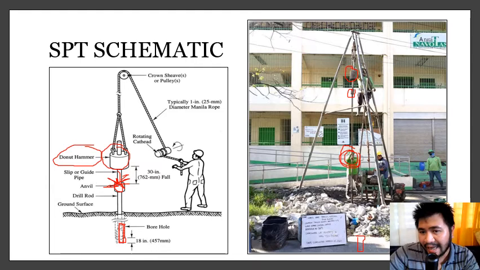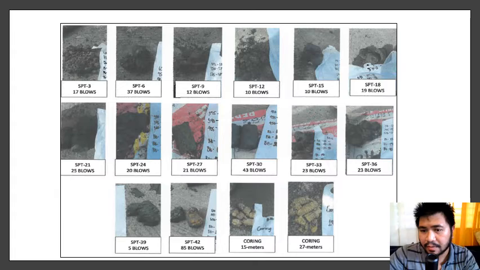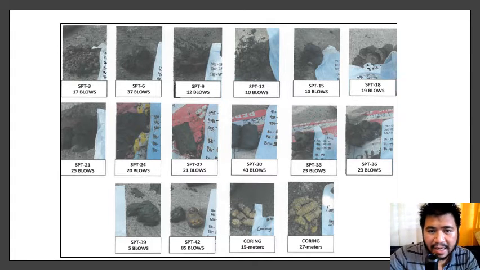Basically, the hands here are partly absorbing the energy transmitted by the jar hammer. So you're actually getting less energy delivered to your subsurface. And these are just example SPT photos indicating the number of blows taken to penetrate them.